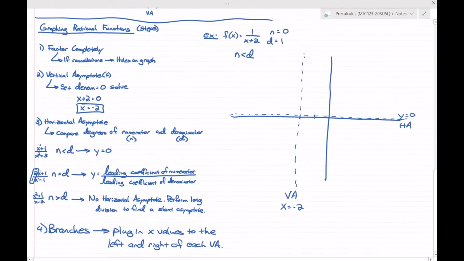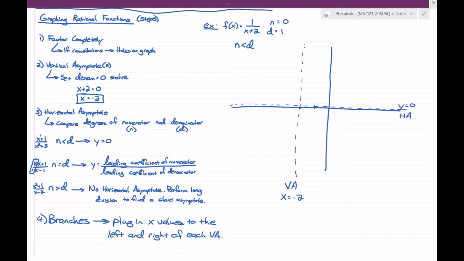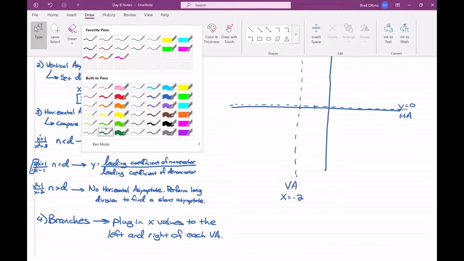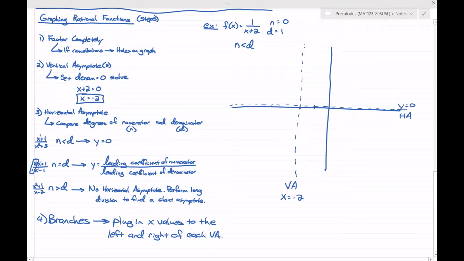So watch. I'll use a different color. Maybe I'll use green. The vertical asymptote's negative 2. So the next value to the left would be negative 3. The next value to the right would be negative 1. We're going to plug those in and see what we get.